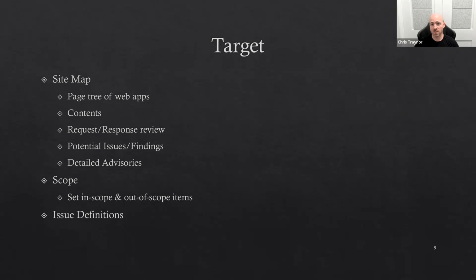A lot of web apps interact with third-party systems to make them work and provide functionality. Depending on your engagement, you want to make that as limited as you can, possibly just the domain that you're targeting. And then there are issue definitions. A couple of slides ago I showed 2 pictures of potentially high findings that Burp helps you find. That's where that came from, issue definitions.